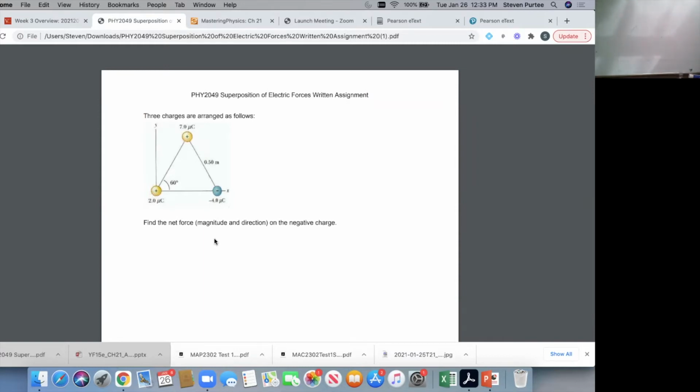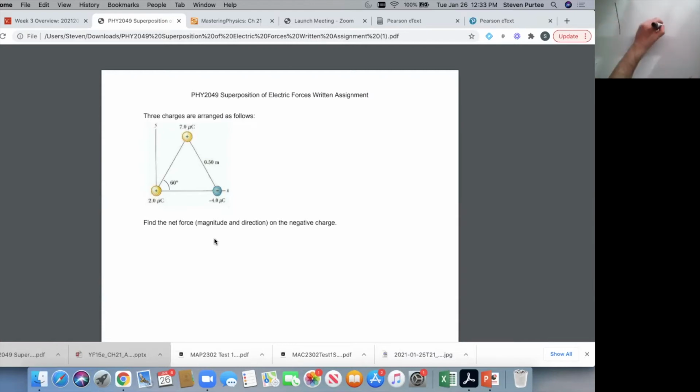Add the two vectors together. Find the magnitude of that net vector. Find the direction of that net vector. Remember, anytime somebody asks you for direction, you always have to give it from something. Never in physics will somebody say, give me the direction, and you'll say 20 degrees. 20 degrees from what? From the x-axis, from the y-axis, from downriver?